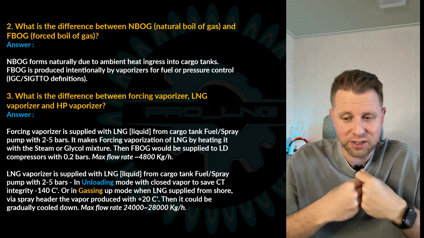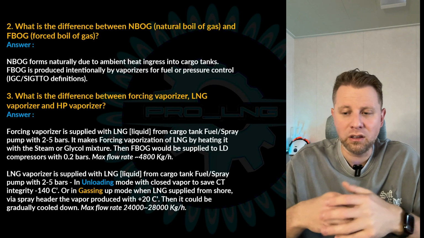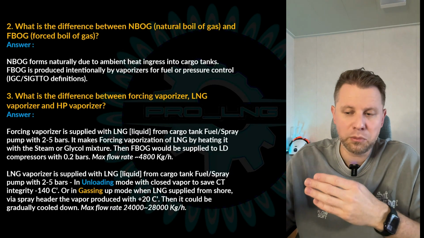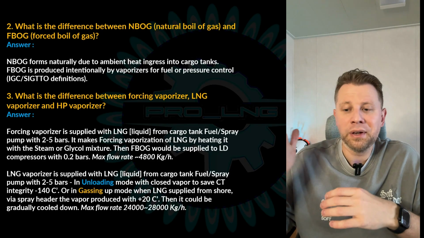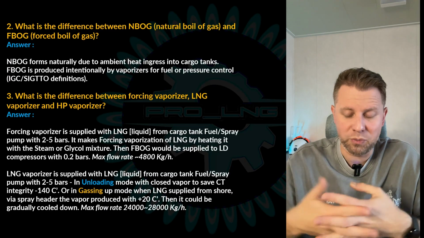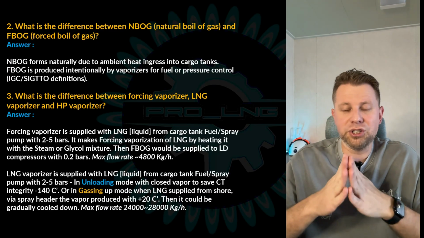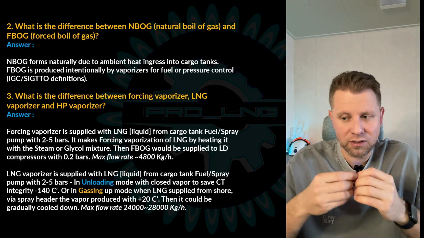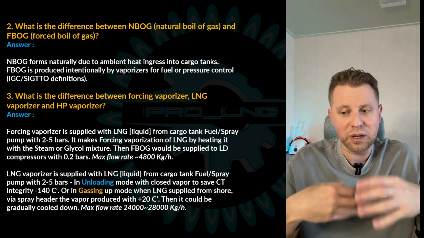The LNG vaporizer is supplied with LNG liquid the same way, and it has a few modes. Unloading mode with closed vapor manifold to save the cargo tanks' integrity. This is just a reference temperature of minus 140. Or gassing up mode, when LNG is supplied from shore, for instance, and you need to spray it and produce vapor.